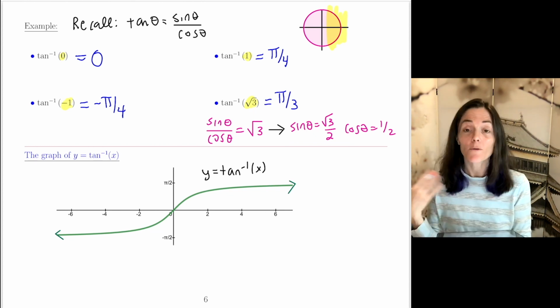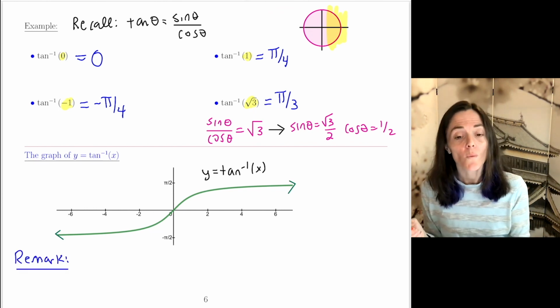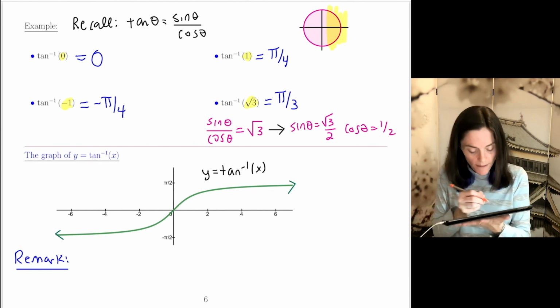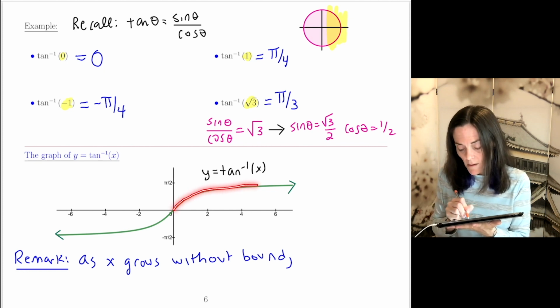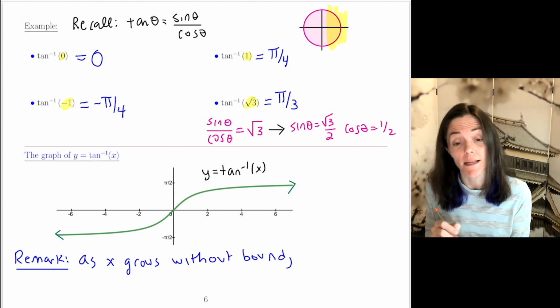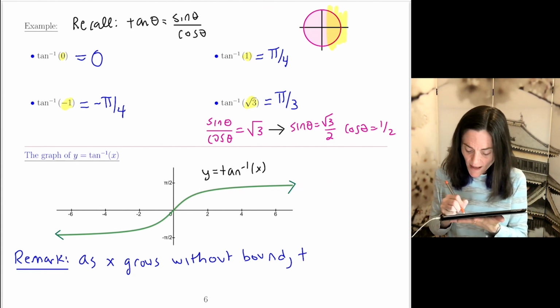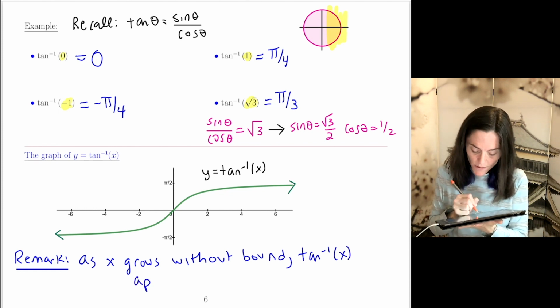So let me just make a remark, and then this will be the end of this lesson. Well, what I want to observe here is as x grows without bound, this means x is getting larger and larger and larger. Okay, what happens to the tan inverse? Well, tan inverse of x approaches pi over 2.